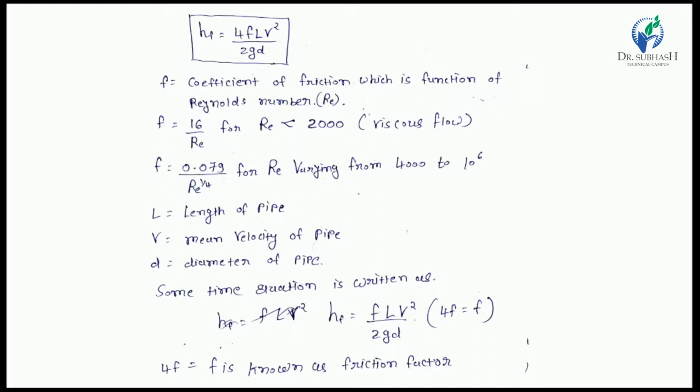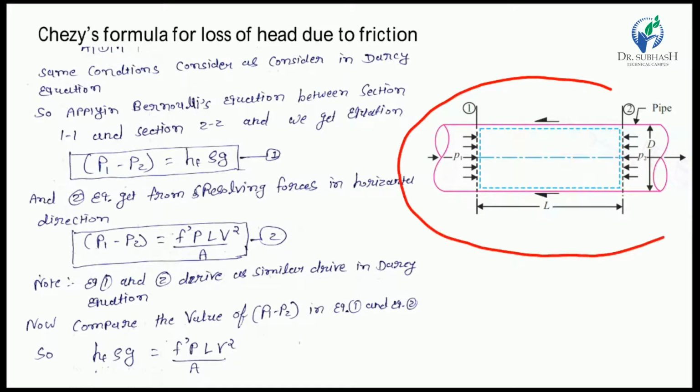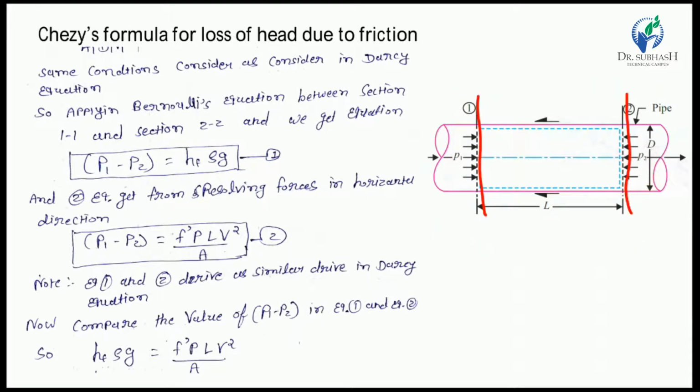Now we see the Chezy formula. So we derive the equation for Chezy's formula. Here similar conditions are assumed for a pipe, and similarly sections are taken. We apply Bernoulli's equation for section 1 and section 2.